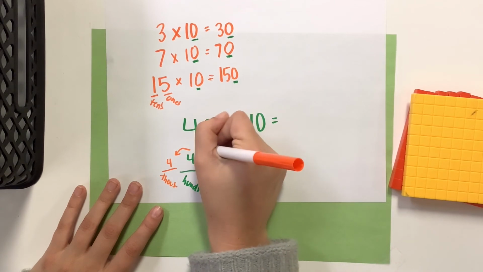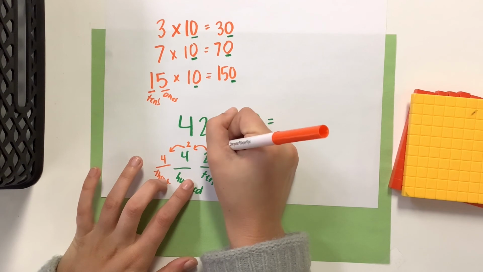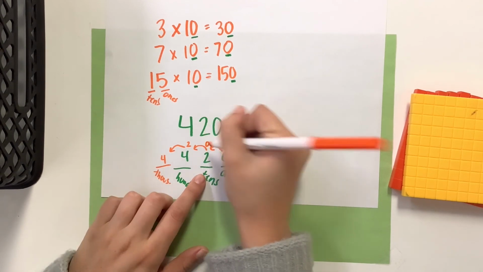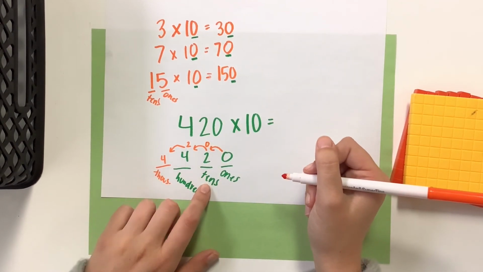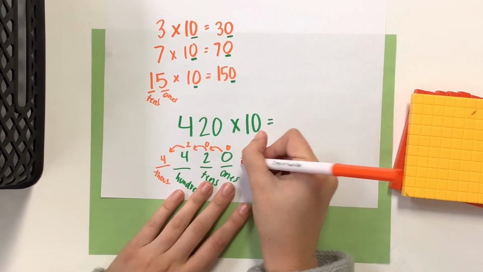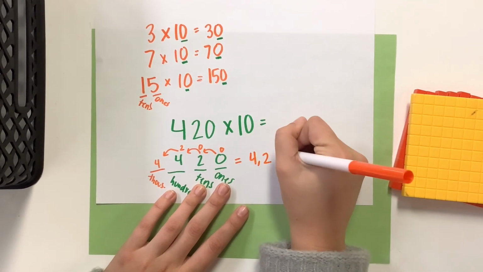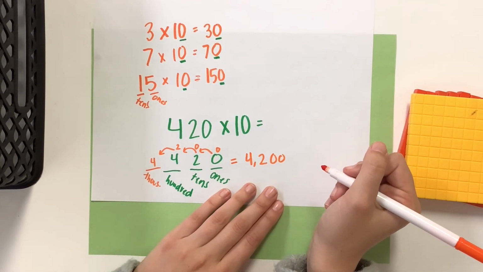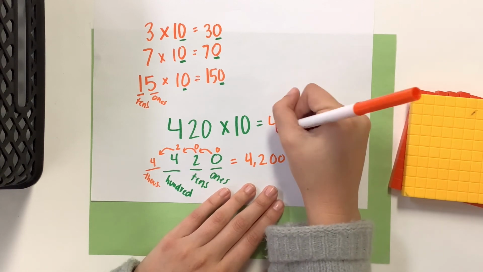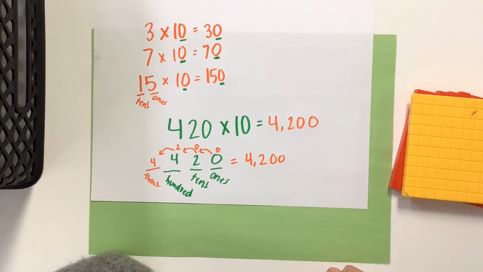This 2 is going to become 200. This 0 is going to become a 0 in the tens place. And nothing's left here, so we will have to add a second 0. So this would equal 4,200. Notice how all the places shifted one space to the left.